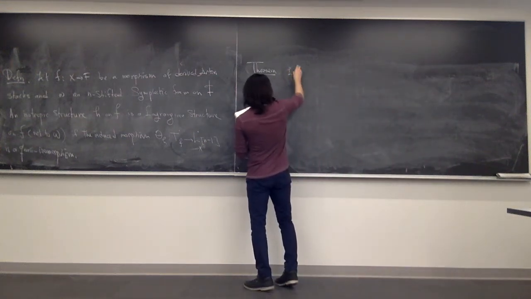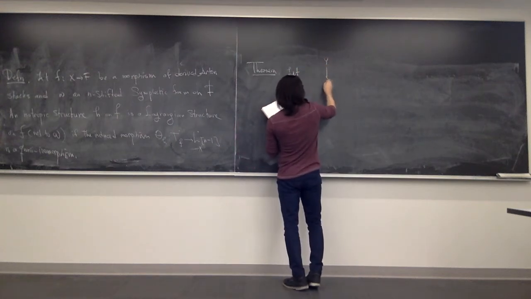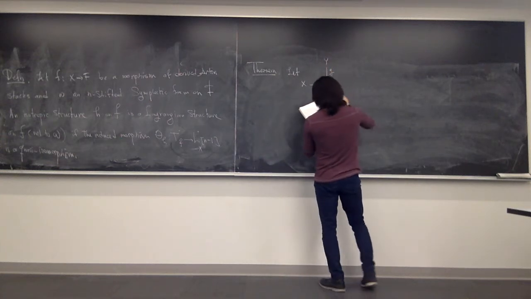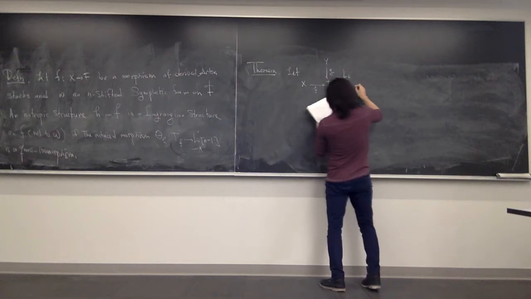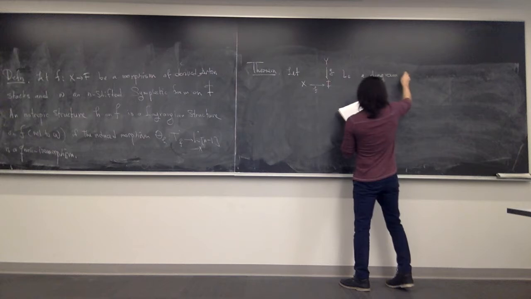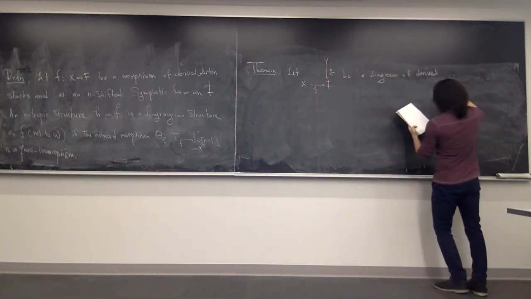Let Y to F, X to F be two morphisms, so f and g, be a diagram of derived Artin stacks.